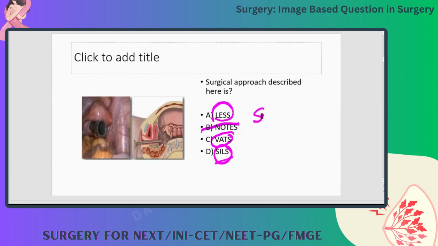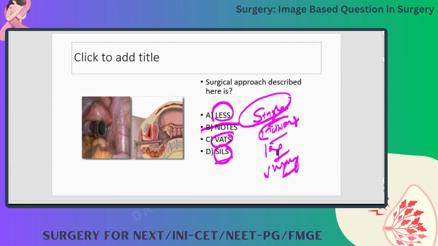SILS is single incision laparoscopic surgery. Only one incision will be there, only one incision and one port. SILS.